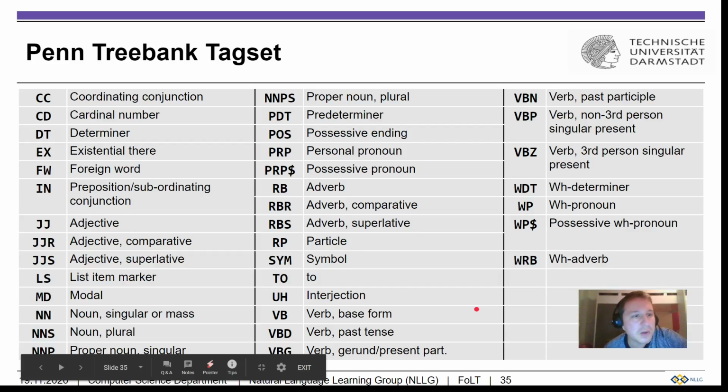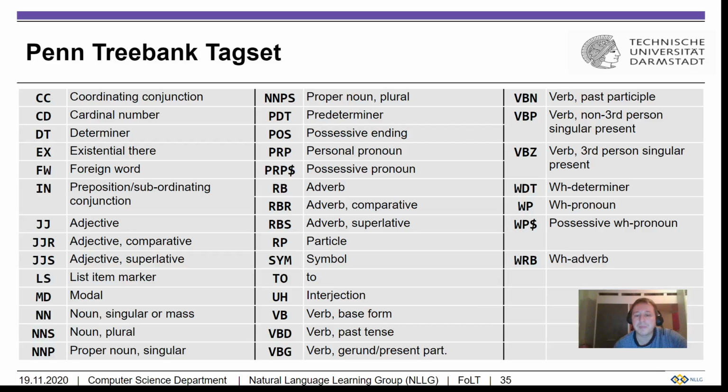If we look at the Penn Treebank tag set, this is a tag set specifically for English. The Penn Treebank is also a special treebank, a corpus, and it's a classified or annotated corpus. It has categories, and it contains a lot of annotations, right?